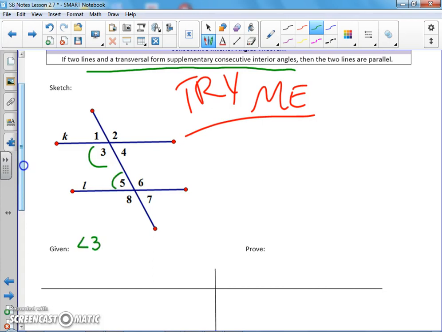So I'm going to say angle 3 and angle 5 are supplementary, which means you're going to have to get them adding up to equal 180. And that's all I need. Yep, that's my given here. What I'm trying to prove here would be that the lines are parallel.